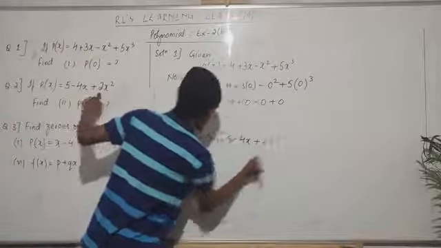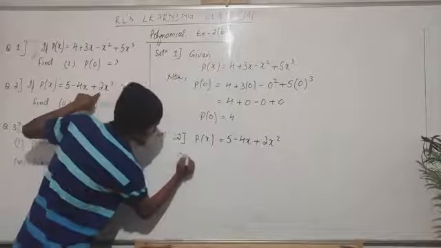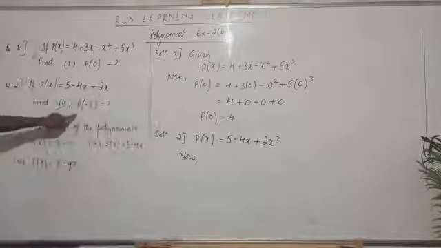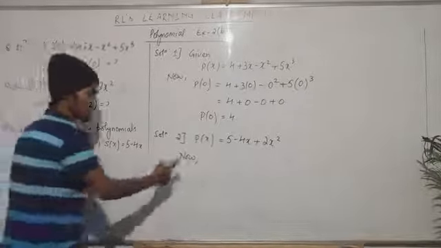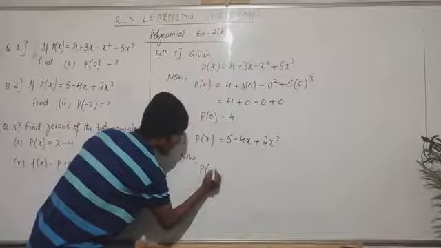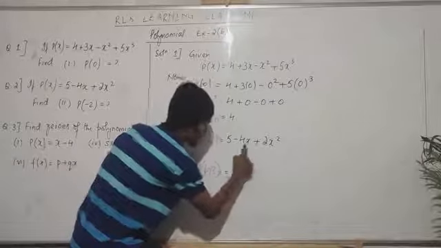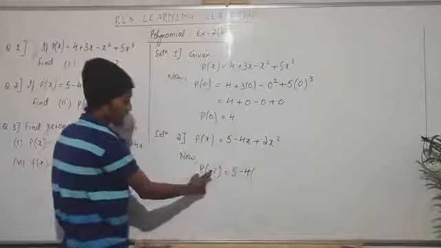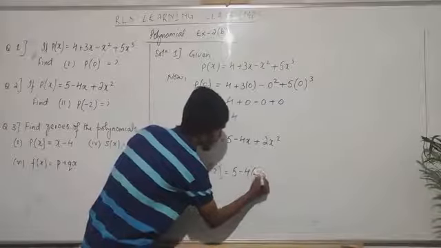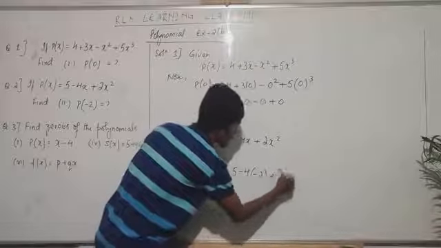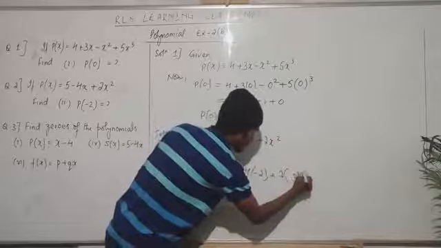Now we need to find P of minus 2. In place of this x, I'll put minus 2. Here 5 minus 4, and in place of x, minus 2, then plus 2, and in place of this x, minus 2.